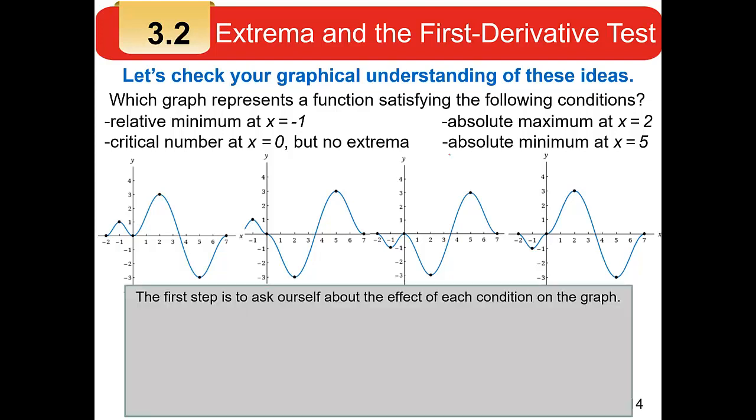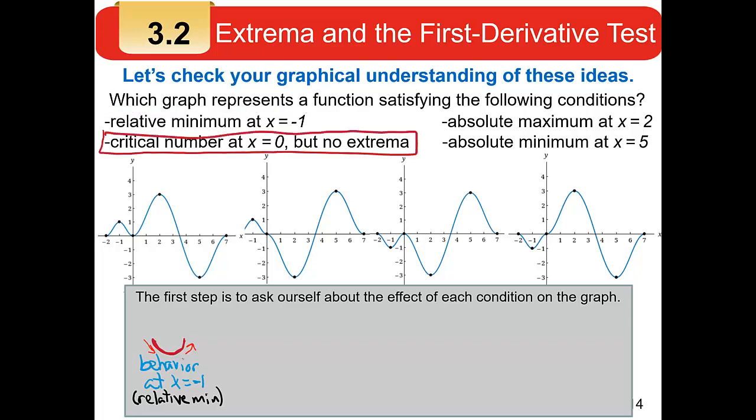I would just take those conditions one at a time and go through them. That first condition says the relative minimum is at x equals minus 1. Well, you know what a relative minimum looks like. It's going to have that behavior of decreasing and then increasing. So you're looking for something that looks like that. The second condition says there's a critical number at 0 but no extrema.